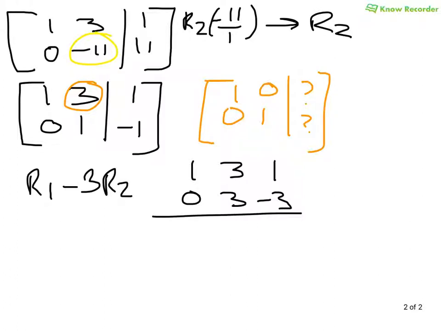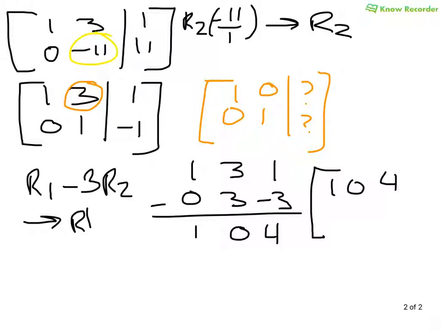If we just subtract that, this is going to give us a new row 1. Okay, so we're just going to put this in a matrix form now. We'll have 1, 0, 4, and then our bottom will be 0, 1, negative 1.